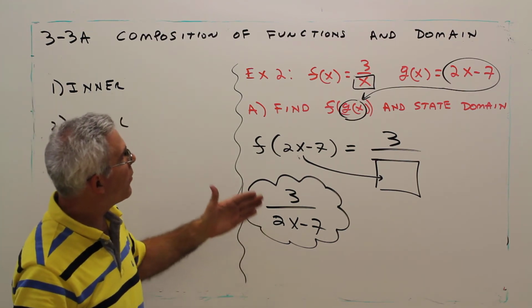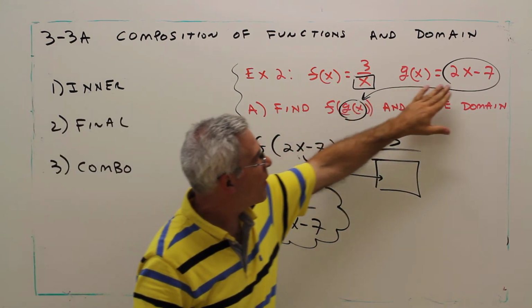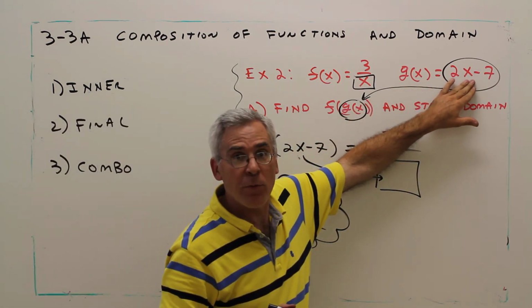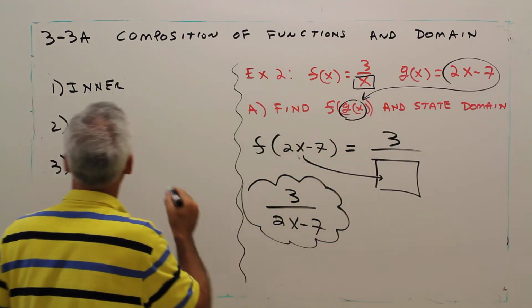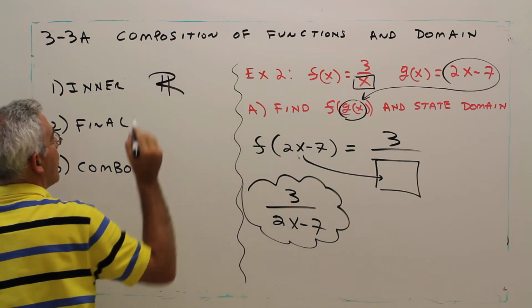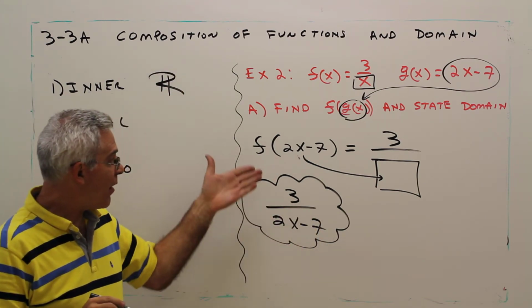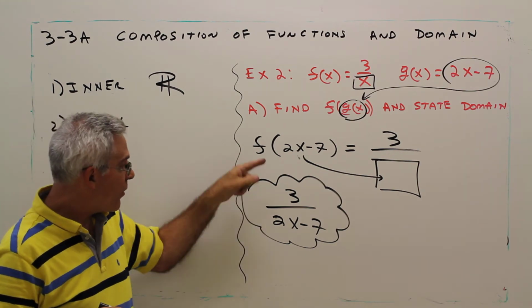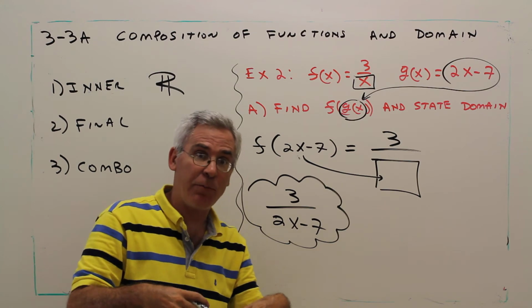So I go to my inner function, which is g of x, and I ask myself, what's the domain of that? There's no division, there's no radicals, it's all real numbers. Then I go to my final composition, and I ask myself, what's the domain of that? There is some division. It's not that x can't be 0, it's the denominator can't be 0.